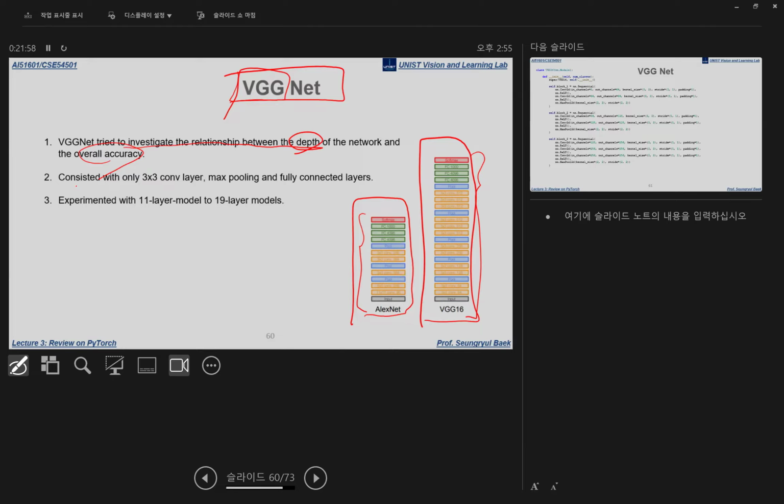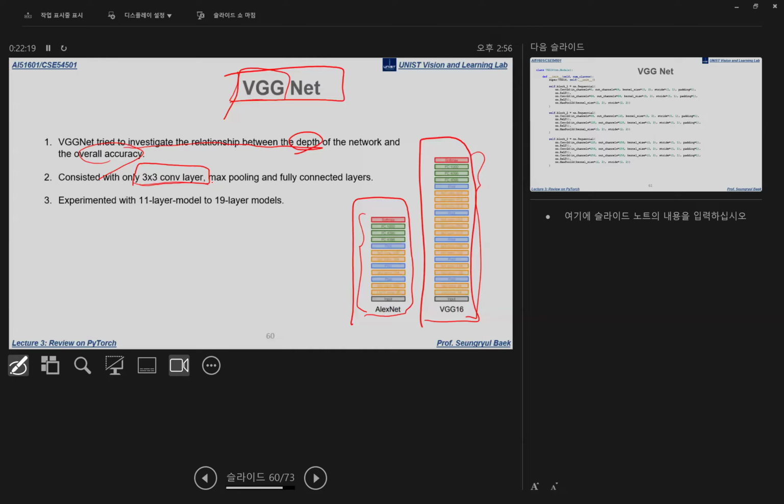So this is the deep architecture. Their motivation is if we make their depth deeper, their accuracy might be better.